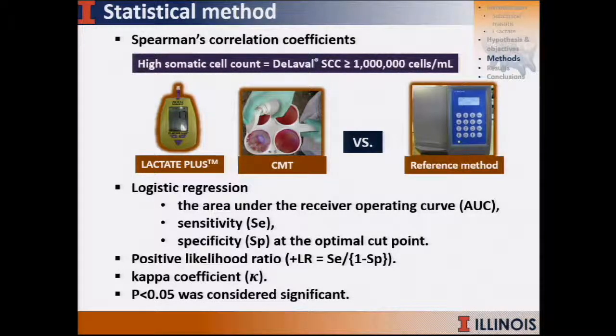Sensitivity and specificity at the optimal cut point were calculated for each ROC curve using the Youden index. Also, we calculated the positive likelihood ratio by dividing the sensitivity by 1 minus the specificity. A test with a positive likelihood ratio of more than 10 is considered an excellent diagnostic test. A P value less than 0.05 was considered significant in this study.